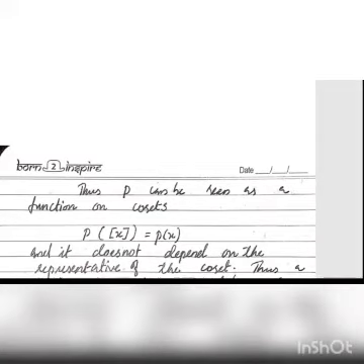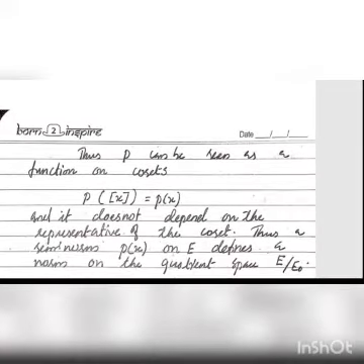Thus, P can be seen as a function on cosets, because whatever comes from x plus y1, x plus y2, etc. does not change anything, if y1, y2 belong to the closed space E naught. So P can be seen as a function on cosets such that P of the class X is equal to P of X.